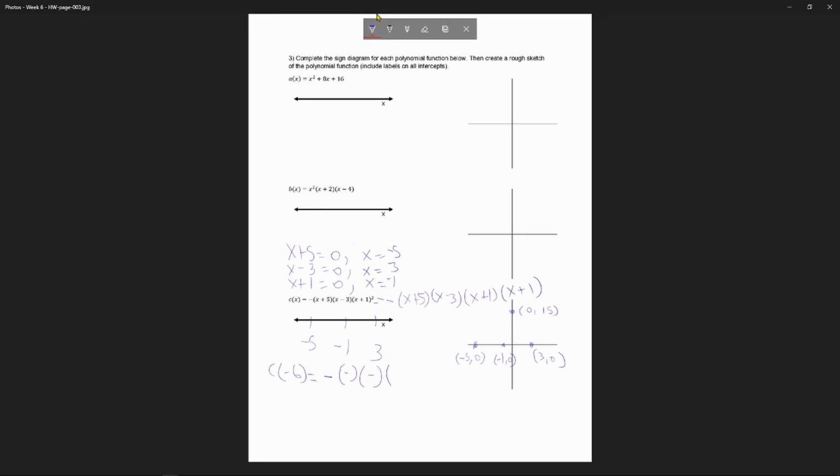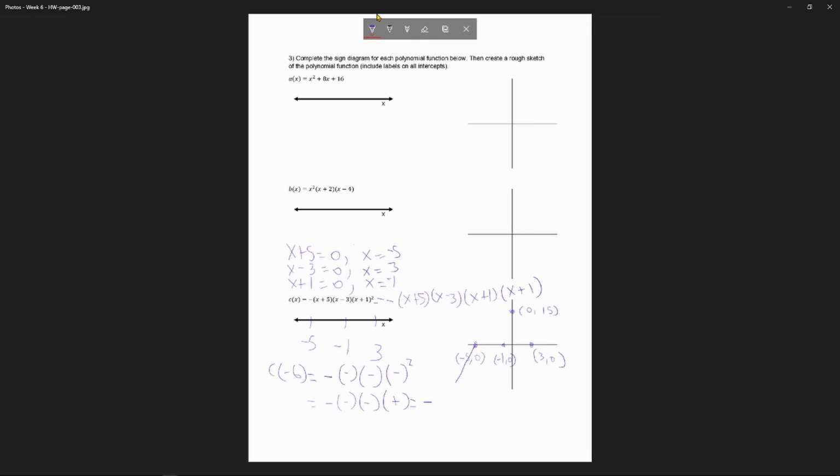And then we'd have negative 6 plus 1, which would again be a negative term, but we're squaring it, so that actually gives us a positive term. So we'll have a negative times a negative times a negative times a positive. And so these two will create a positive, but then these two will create a negative. So ultimately, we're going to get a negative number here. So we know that all these y values to the left are going up like this.